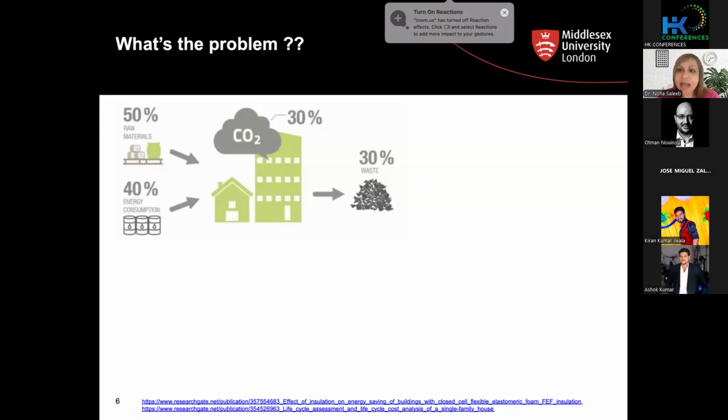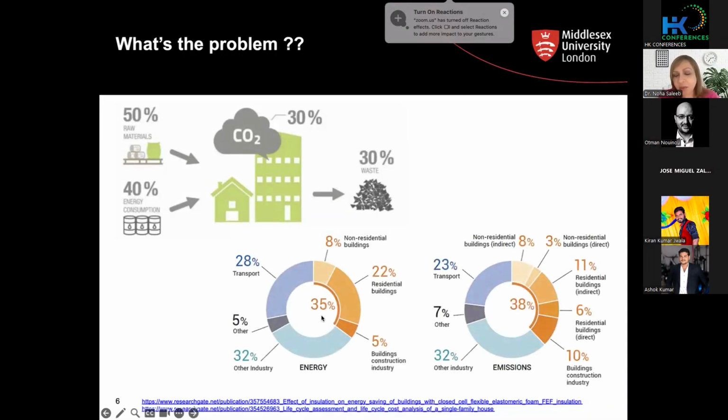Most of it goes to landfill, unfortunately, and not even reusable. This is a pretty horrifying picture, and I think it needs a very pertinent solution. Our discussion today will be how AI can help with that, or is it helping, and how can it help forwards?